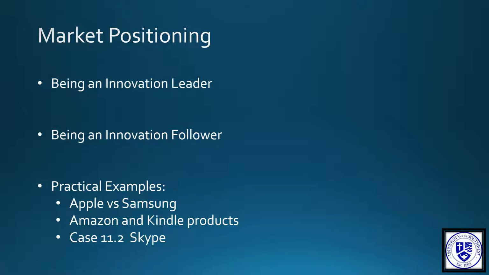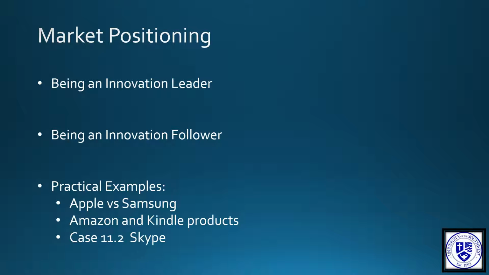So what Samsung has done very successfully, Samsung has positioned itself as an innovation follower for the last few years. If you look at the two camps, the two groups of people, you're either an Apple person or a Samsung person in terms of the devices that you use. And there's that heated debate, well, Samsung just copies Apple and Apple's the leader and Samsung's the follower.